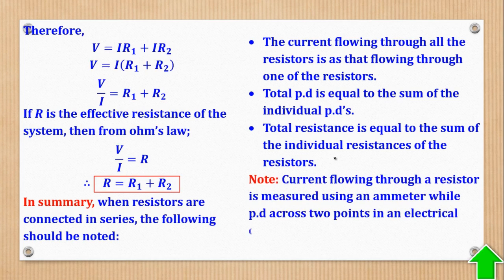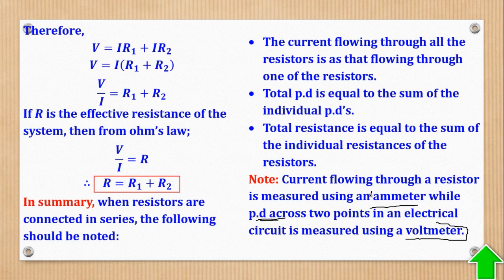Current is measured using an instrument called an ammeter, while PD is measured using a voltmeter. When you see the word voltmeter reading, it implies the value of PD, and when you see the word ammeter reading, it implies the value of current.